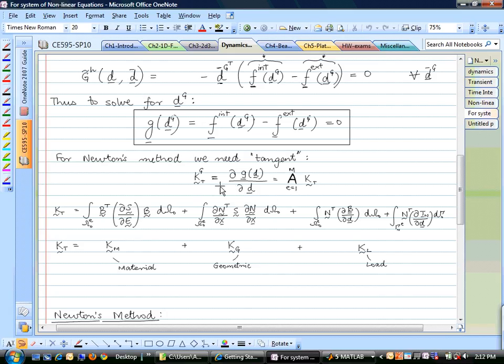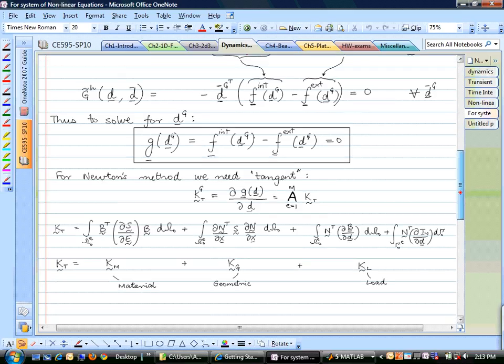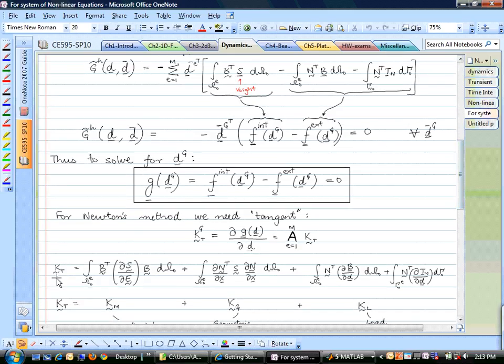And that tangent stiffness can again be assembled element-wise. And the element stiffness matrix, you can see where all these terms are coming from. This is the element stiffness matrix. If you just take the derivative of this with respect to the displacement, what you get is B transpose D B. So this thing is very similar to your B matrix.